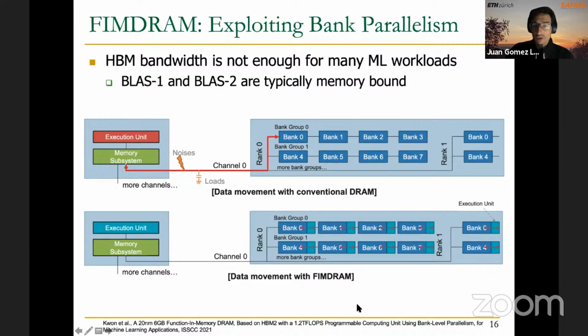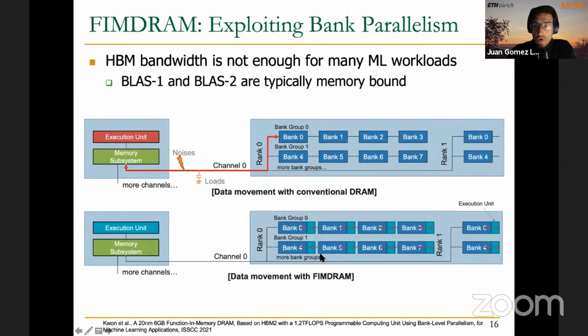So the key idea in FIM DRAM is to avoid all this external off-chip data movement and optimize the memory-bound applications by exploiting the much higher memory bandwidth that we can obtain if we operate inside the memory itself, right? So we are moving from this monolithic approach, where all the processing is in the execution unit of the host and all the data resides on the other side, on the right-hand side in this memory.